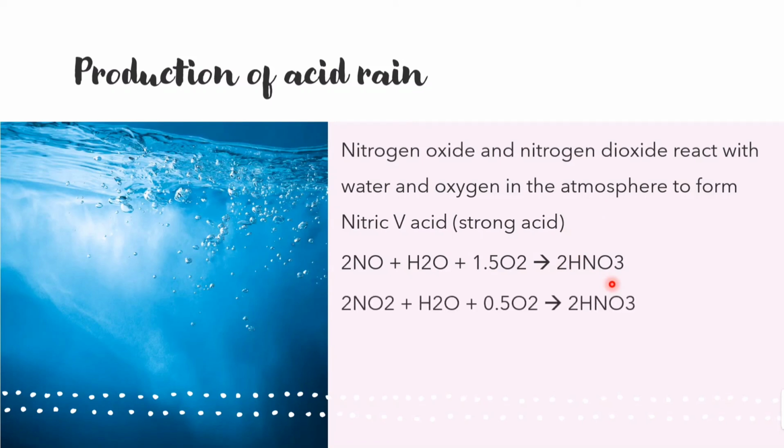You can also see that nitrogen dioxide also reacts with water and oxygen to produce the same strong acid. The only difference is that the amount of oxygen that these nitrogen oxides react with is different, depending on the oxygen contained in the nitrogen.